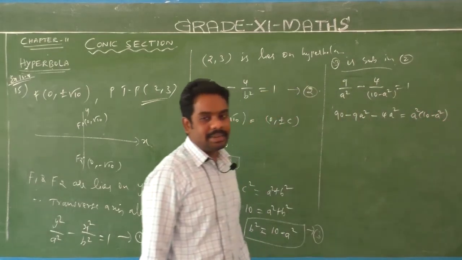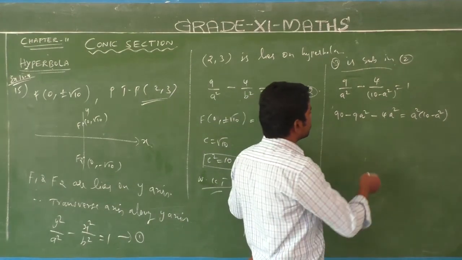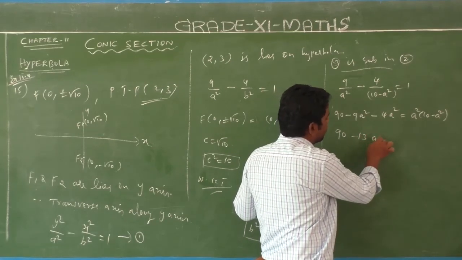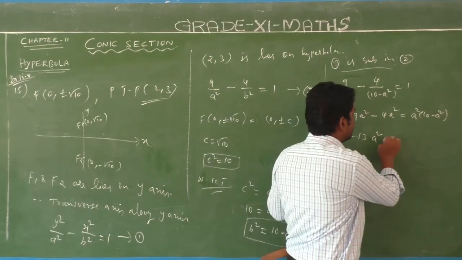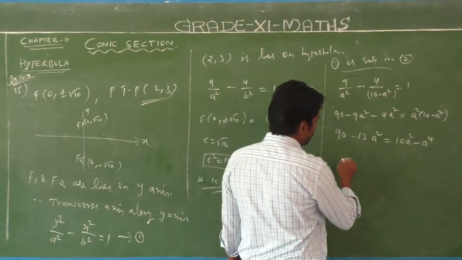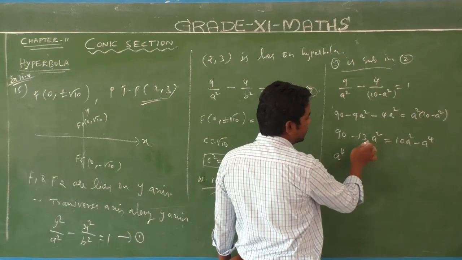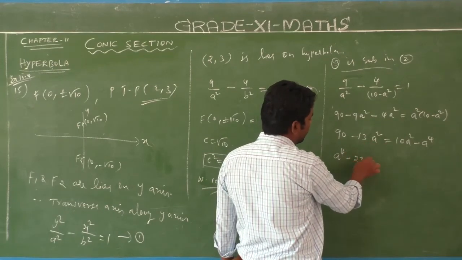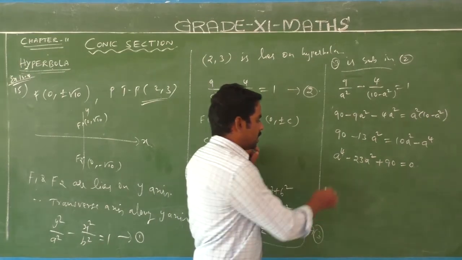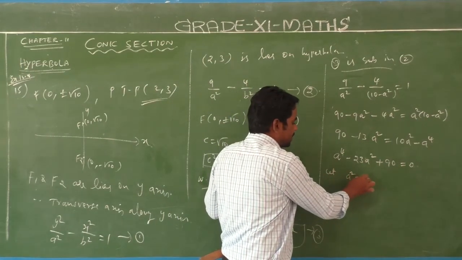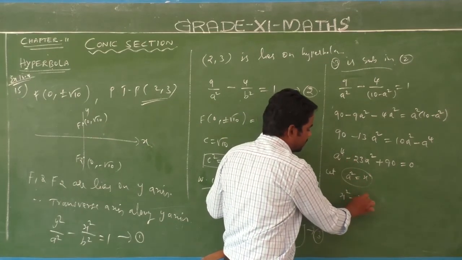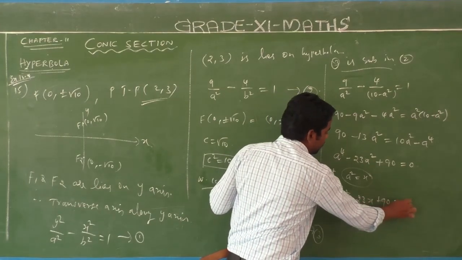So 90 minus 13a squared equals 10a squared minus a to the power 4. So a to the power 4 minus 23a squared plus 90 equals 0. Let a squared equal x, then a to the power 4 is x squared. So x squared minus 23x plus 90 equals 0.